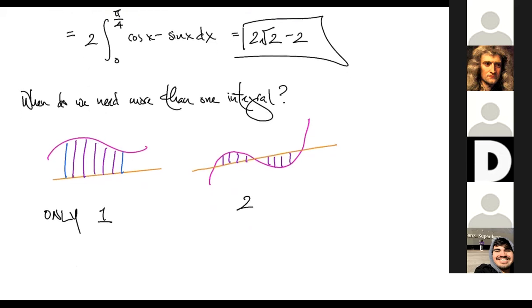What if we had a situation like this, and I wanted to start from here and go all the way to here? How many integrals would I need?